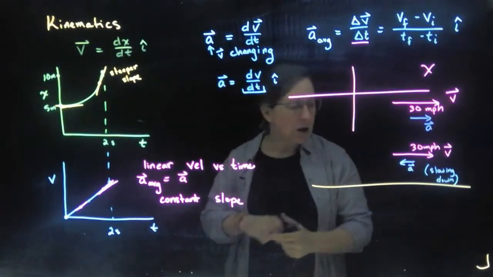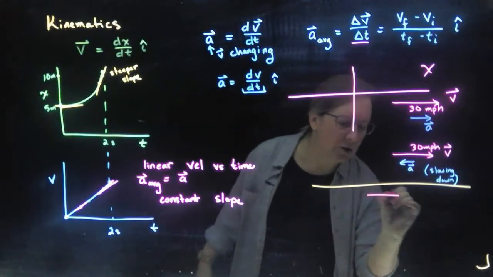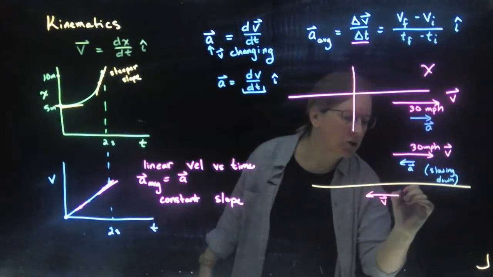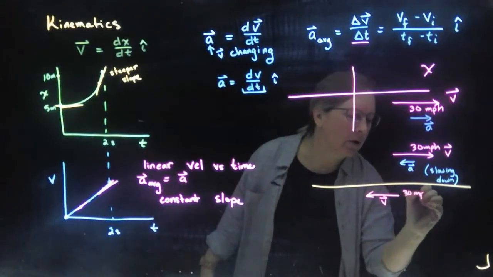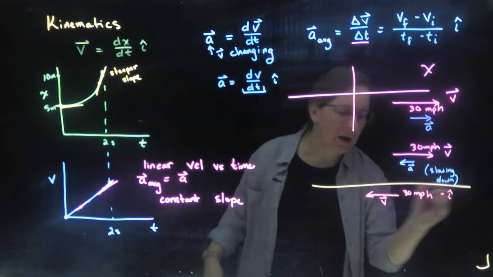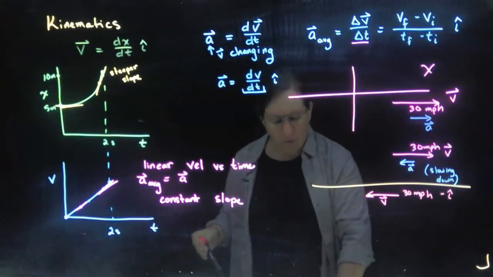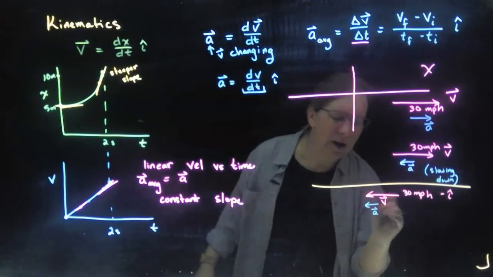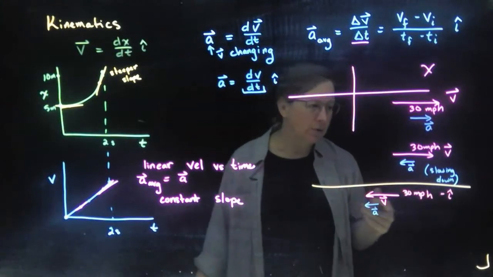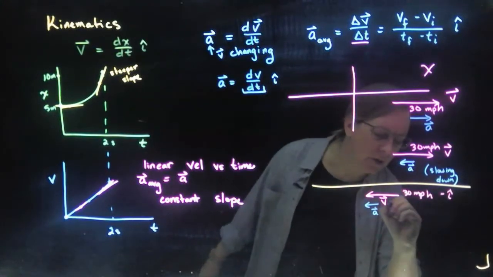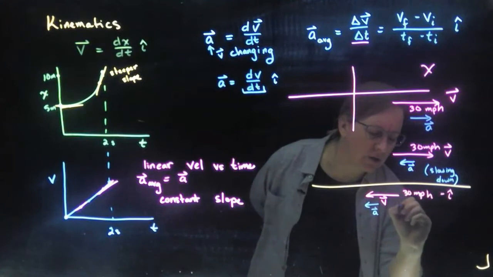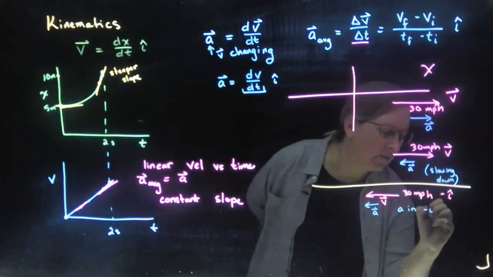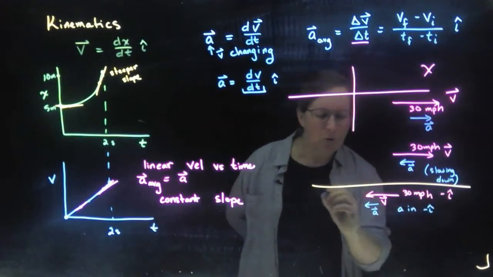So if instead we're going this direction, this is our velocity, in this direction, so we're going 30 miles an hour in the minus i hat direction, then if we have an acceleration that points in the same direction, that's speeding us up. So we're going faster. So even though our acceleration is in the negative i hat direction, it's still going faster.